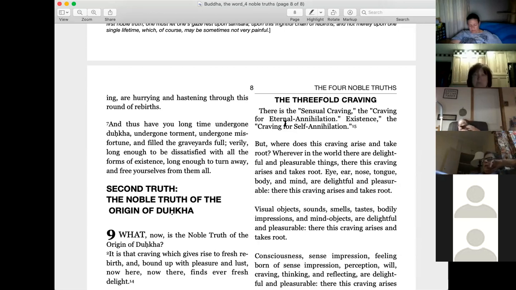So next week, we'll explore the truth of the origin of dukkha, which is kind of the beginning of the good news. He's not going to make us wait until the very end. We'll start to see that once we recognize, I like to think of the Buddha as kind of a scientist, and sometimes he's related as kind of a doctor.